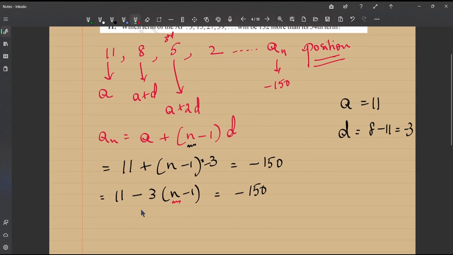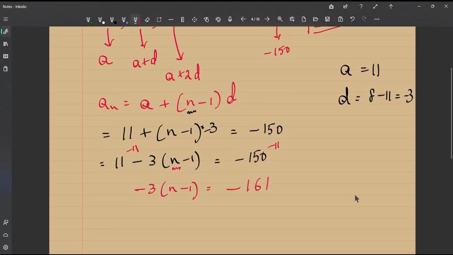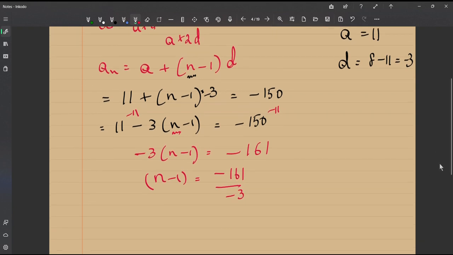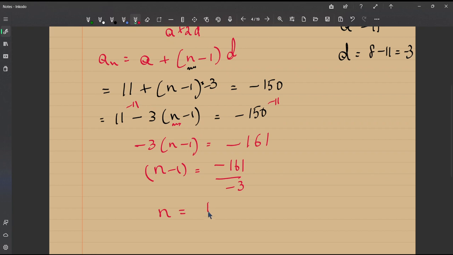So let us go ahead, subtracting 11 from both sides. We get minus 3 into n minus 1 is equal to minus 161, or dividing both sides by minus 3, you get n minus 1 is equal to negative 161 by negative 3. Of course, the minus gets cancelled. It's 161 by 3, or n is equal to 161 by 3 plus 1.